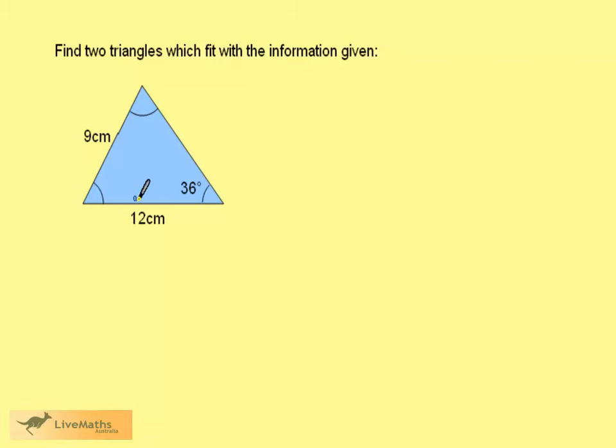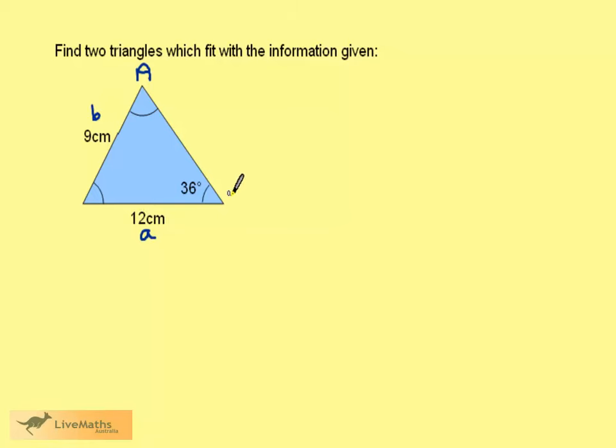We can see the triangle here with sides 9 centimeters and 12 centimeters given and an angle of 36 degrees. If we call this angle A, then this side is a.